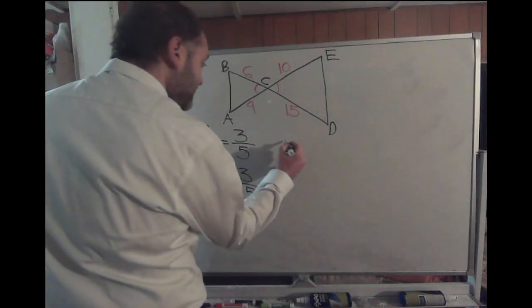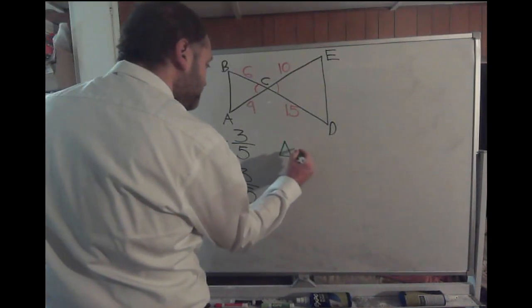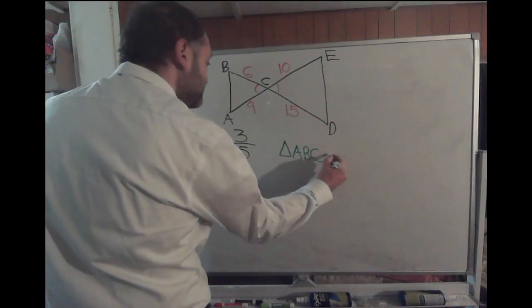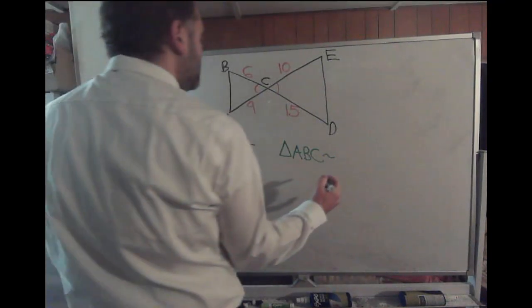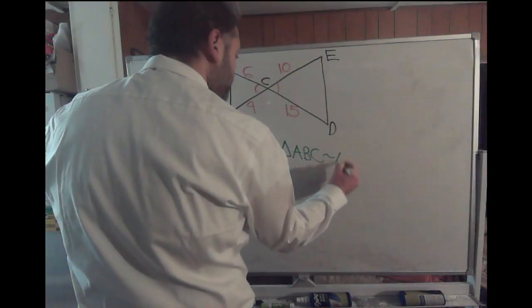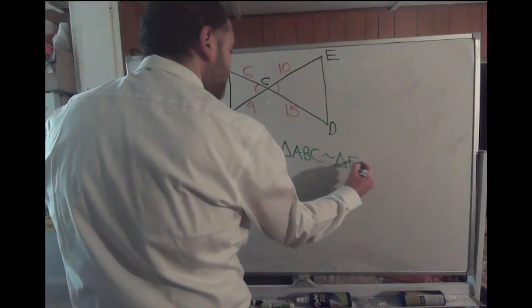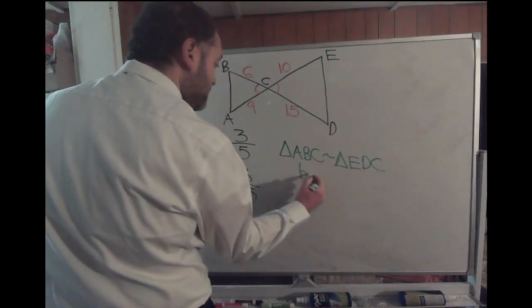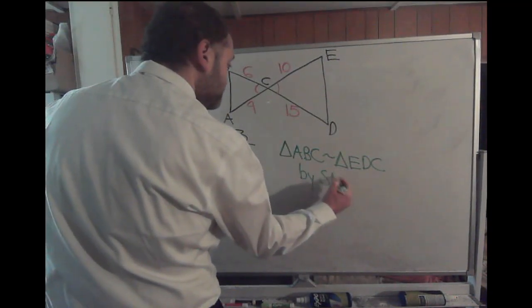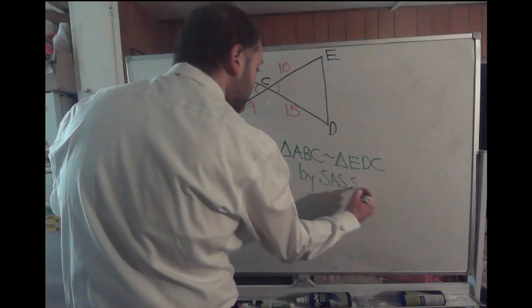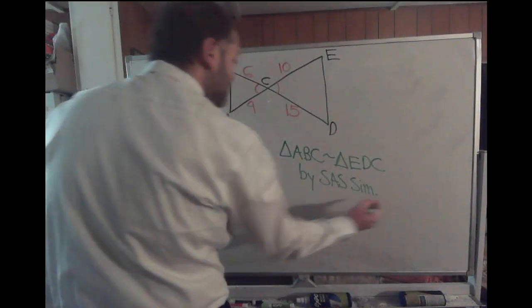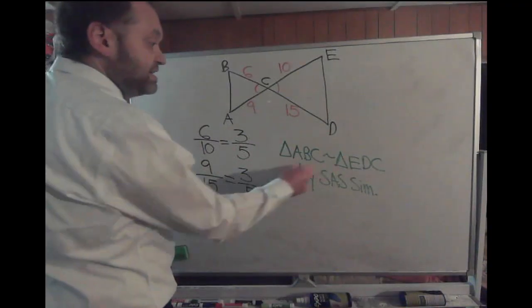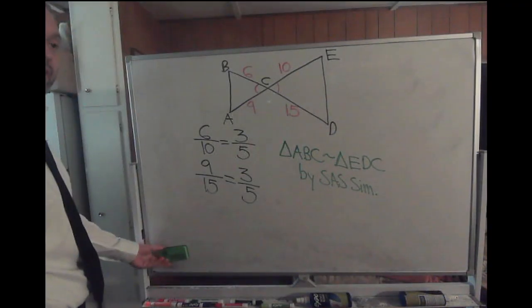So in this case, triangle ABC is similar to triangle, because we want to list it by the corresponding sides, triangle EDC by side angle side similarity. So by side angle side similarity theorem, triangle ABC is similar to triangle EDC.